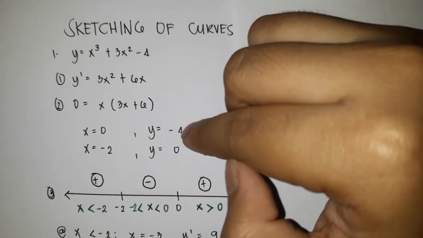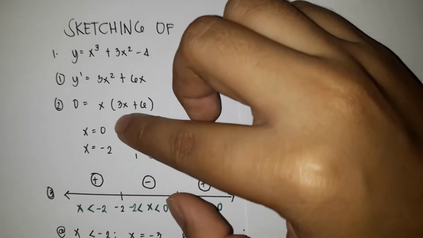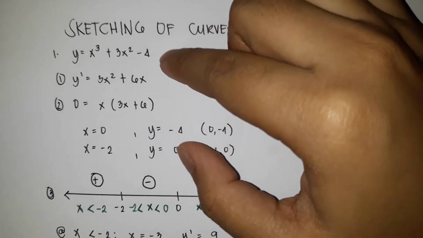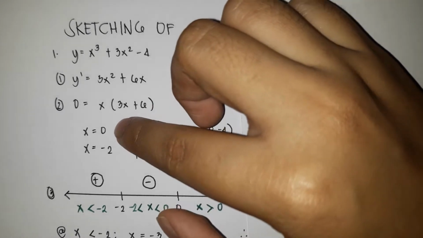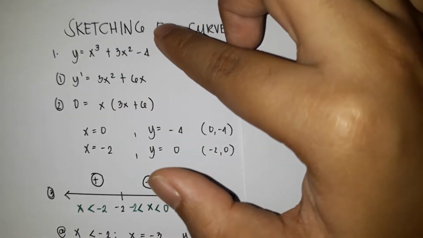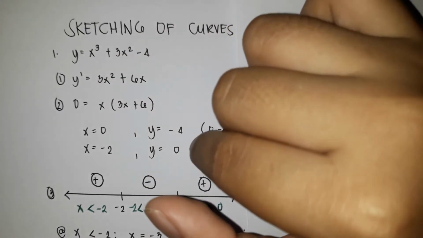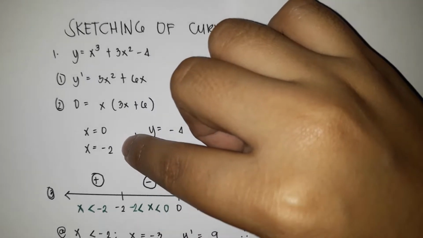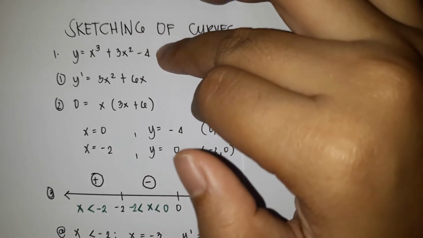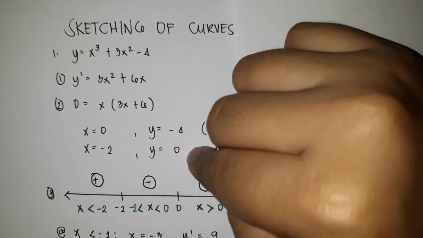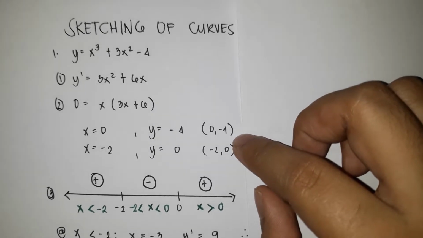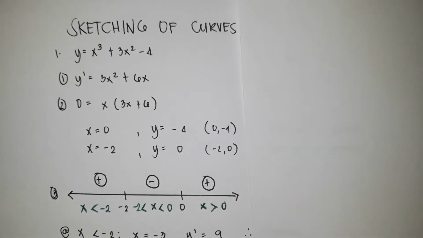Now, to complete our critical points, we must substitute these two x's to the original function. As we substitute 0 to the given function, it resulted to negative 4. Next, as we substitute negative 2 to the original function, it resulted to 0. Now, we have our critical points (0, negative 4) and (negative 2, 0).